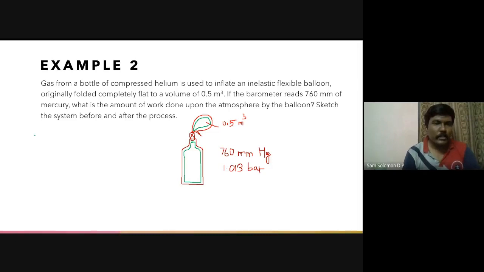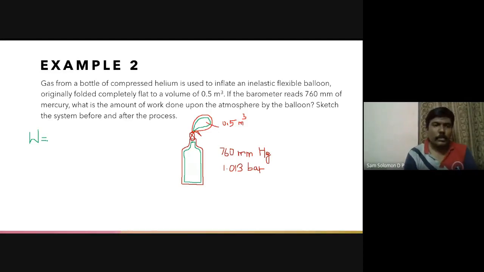They want us to find out the work done. What I want you to do is identify what would be the system. In this case there are two components: one is the bottle, the other one is the balloon. When you are talking about the work done, you have to consider the work done in case of the bottle and the work done in case of the balloon.